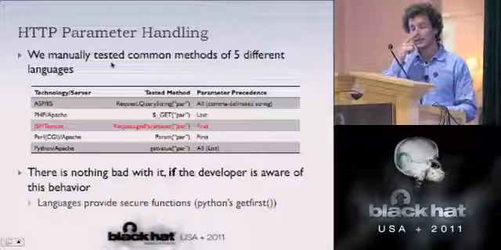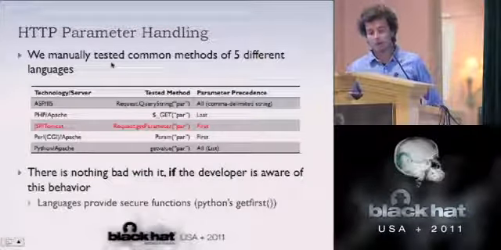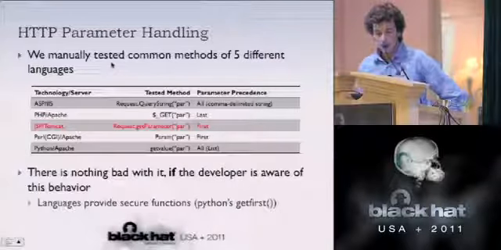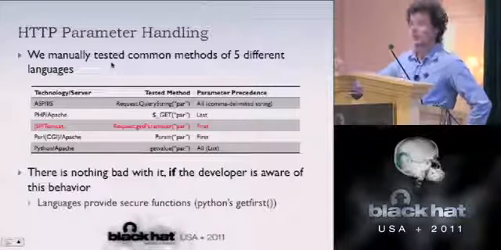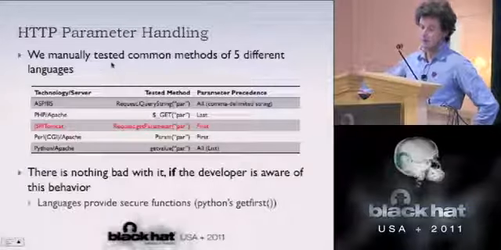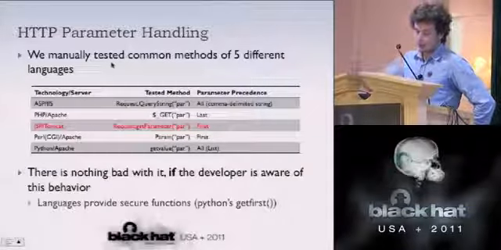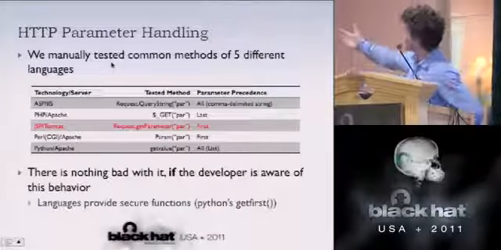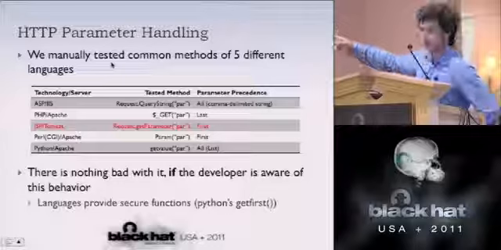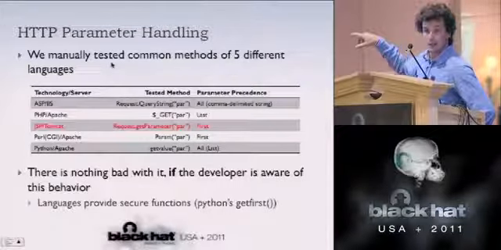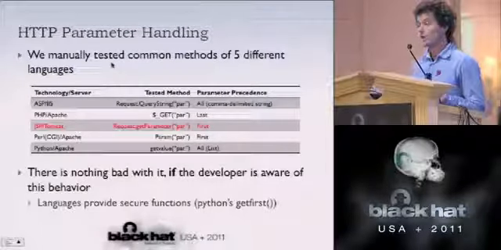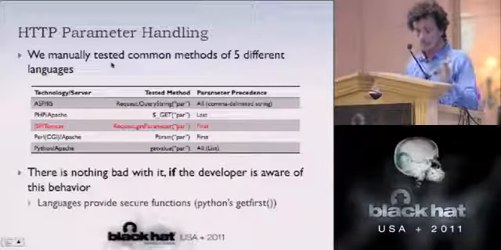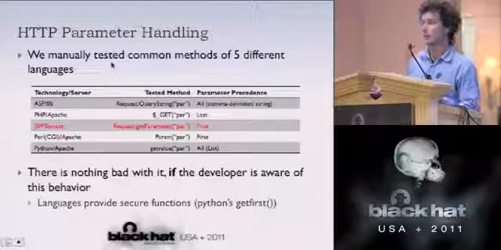We manually tested five common methods, as you can see here in the table. Depending on the technology you are using and the type of server, you can have the first parameter considered, for example in the case of Tomcat, or the second one, or all of them considered. What is interesting is that in Python, if you submit the same parameter twice, you end up with a list.